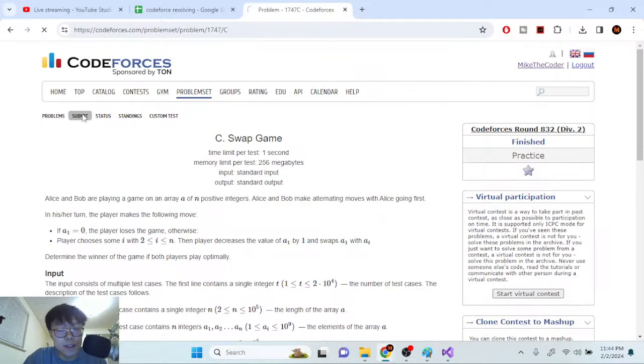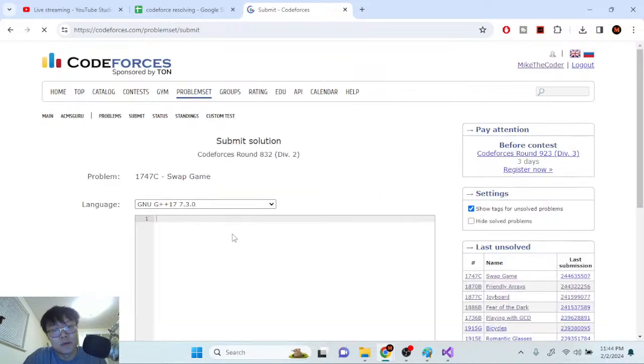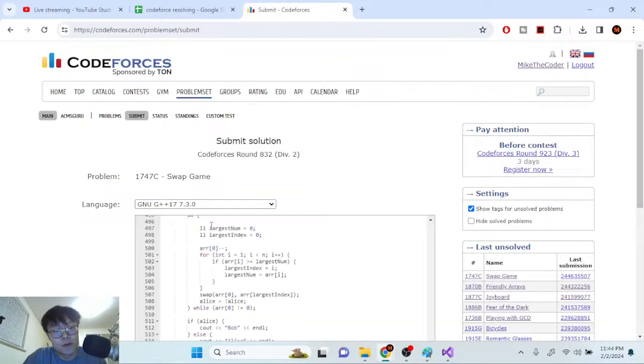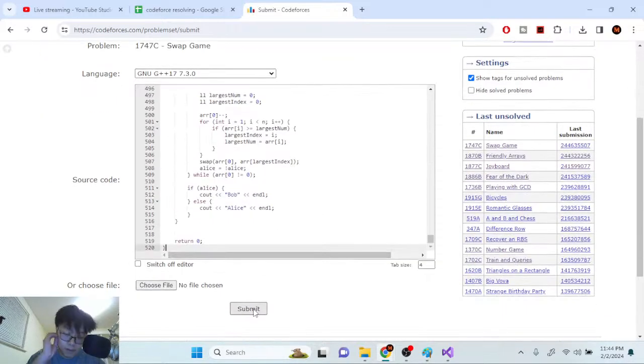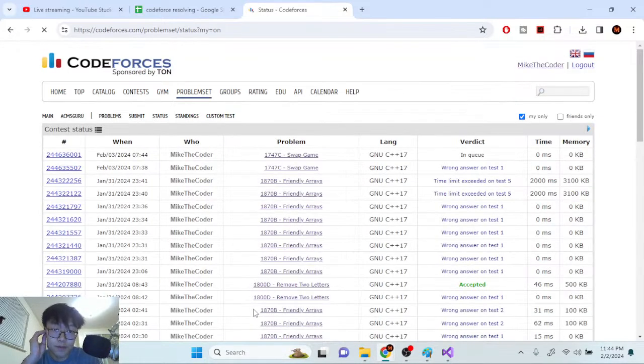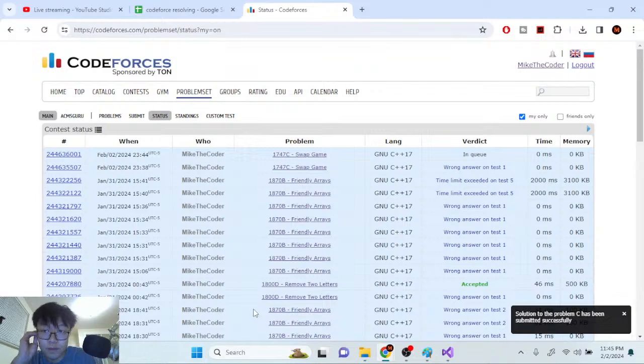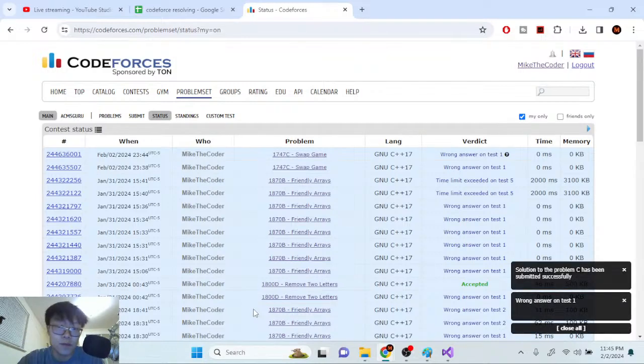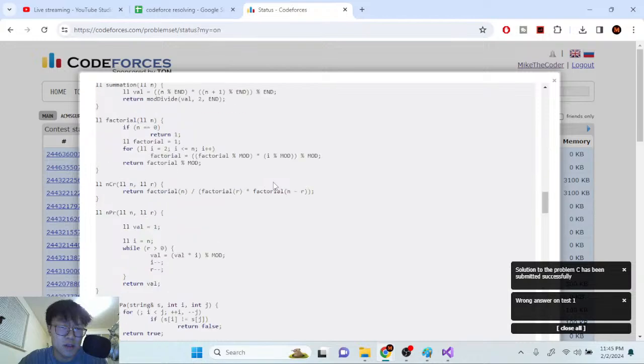Ideally, we should try to get a TLE first. Nope. It's not the smallest or the largest. What is it then?